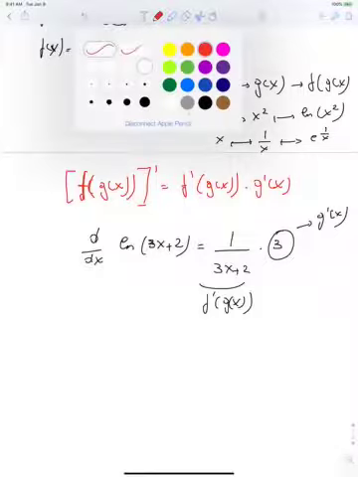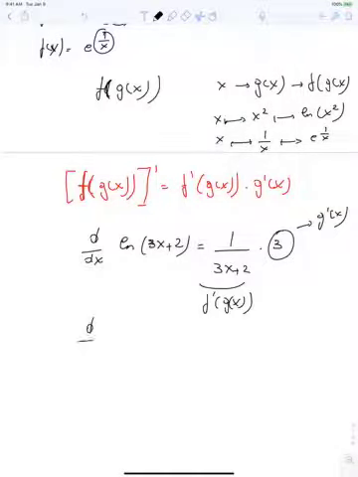So this rule comes pretty handy even with polynomials, because let's say that we have something in the form (x squared plus 5) power 3.